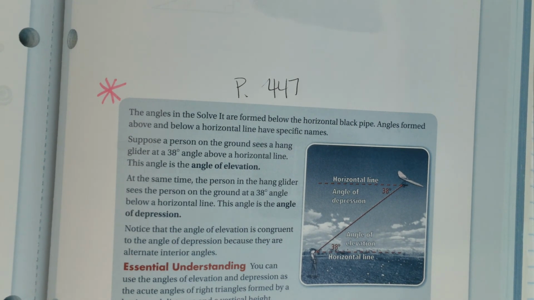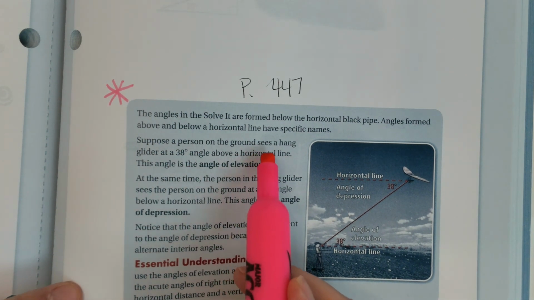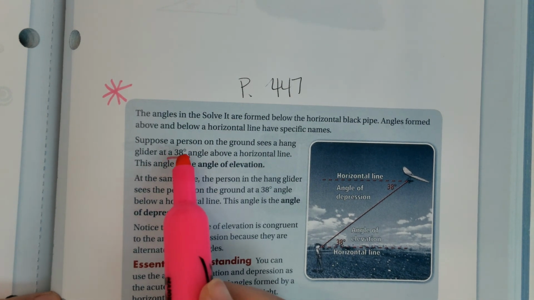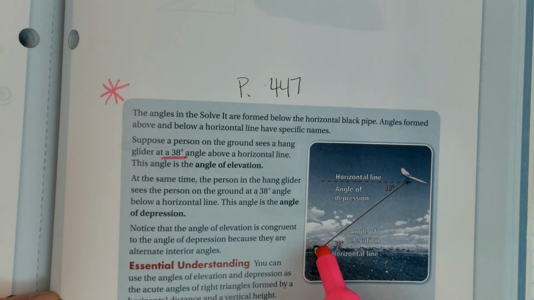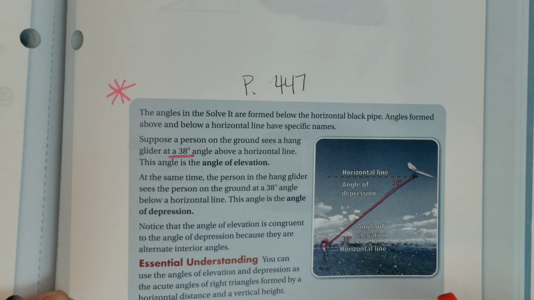So it says, don't worry about that first part. Suppose a person on the ground, they're looking up and they see a hang glider at a 38 degree angle above the horizontal line. So we're looking at this person right here. They look up and they see that person in a hang glider.